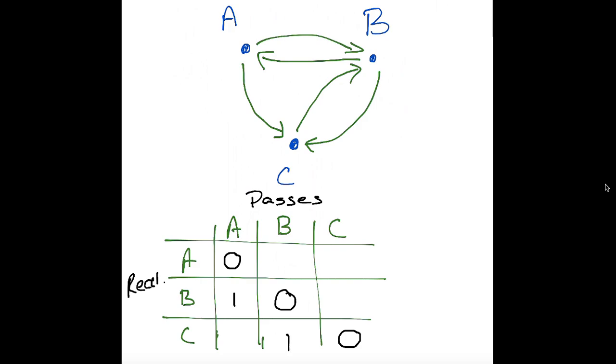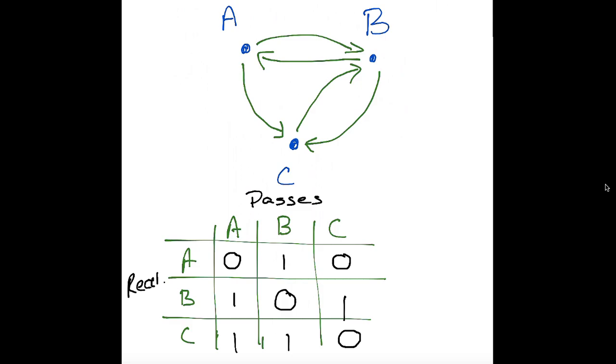C passes to B one time. B passes to A one time. And A passes to C one time. And C never even passes it back to B, so we could put a 0 here.